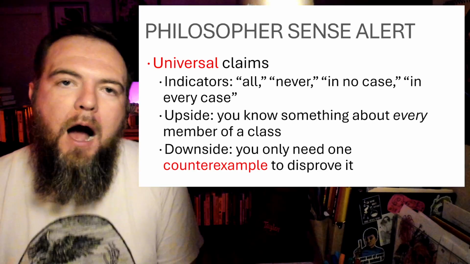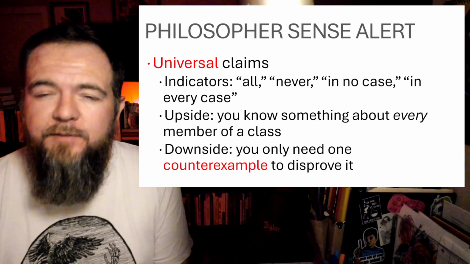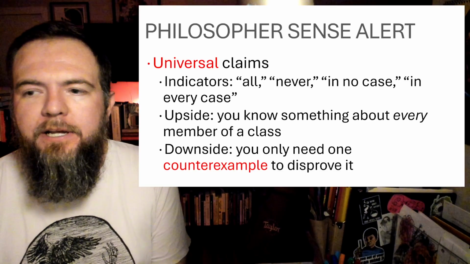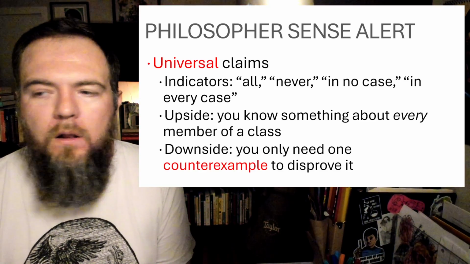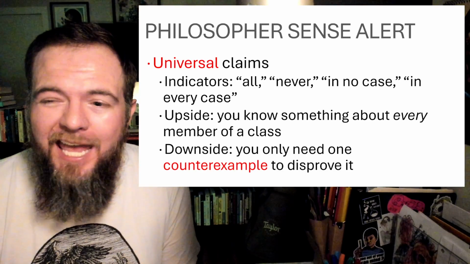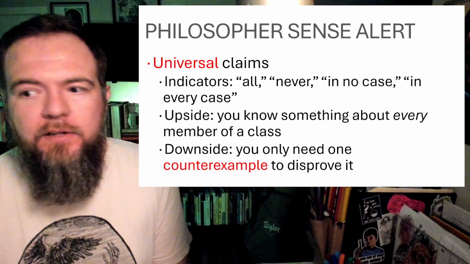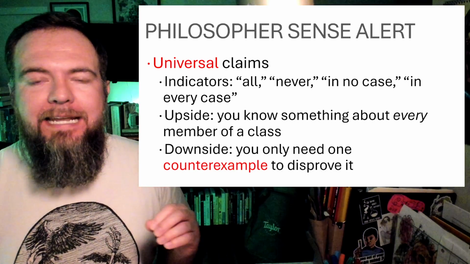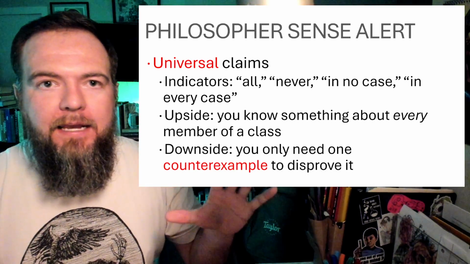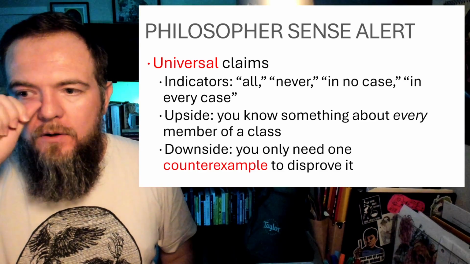Now there are obvious indicators most times for universal claims, because people are typically going to use words like all or never. In no case, in every case, they are using some sort of language that indicates that they are talking about everything in a given class. Okay?